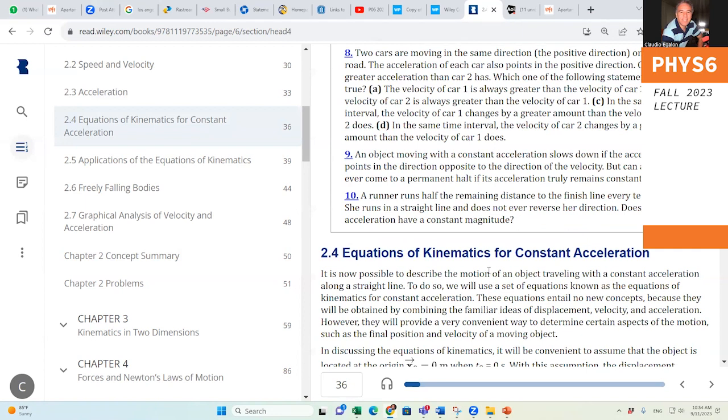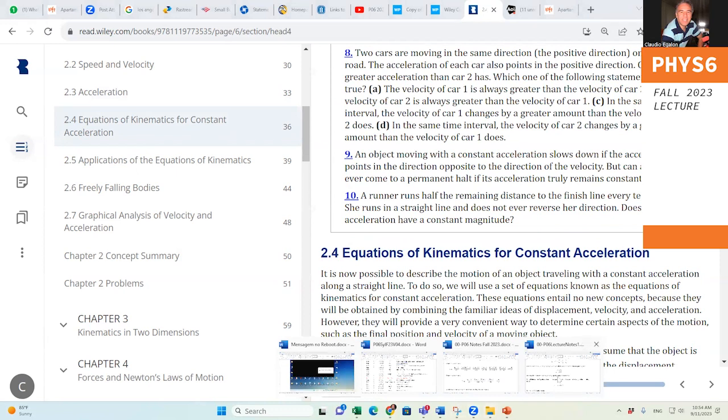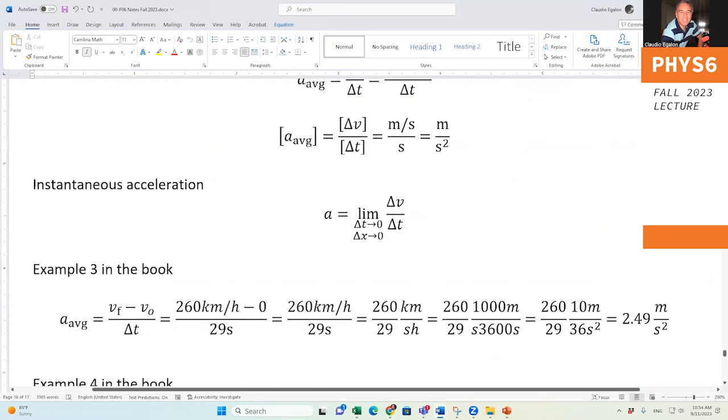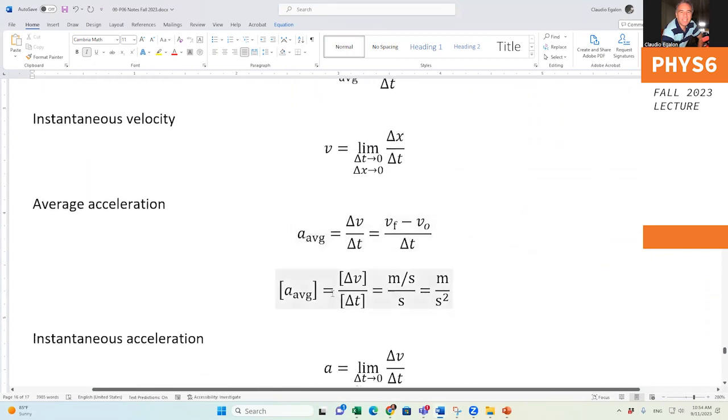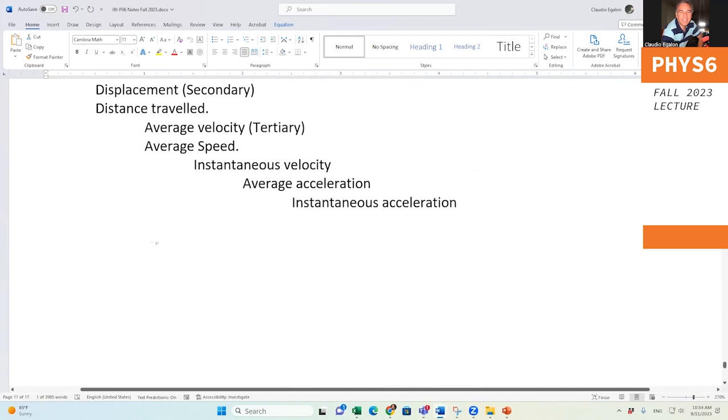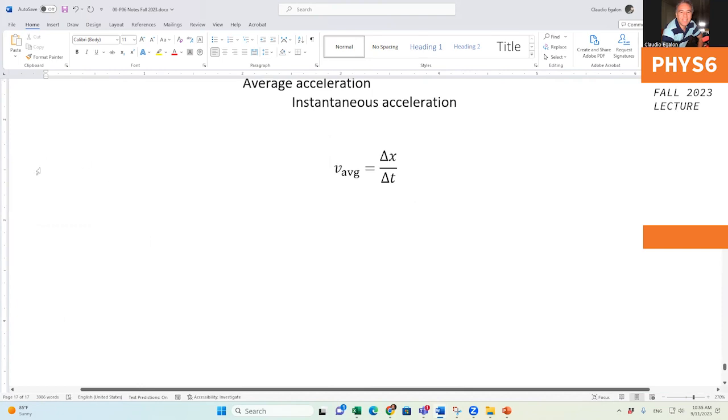Make sure you have this idea very well established in your head, okay? And it's not difficult to memorize, right? If you memorize the definition of velocity, you can certainly memorize the definition of acceleration. I'm going to put them side by side. Here you go, average velocity. And then I'm not even going to copy that.